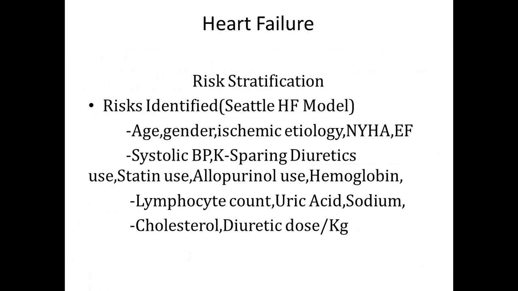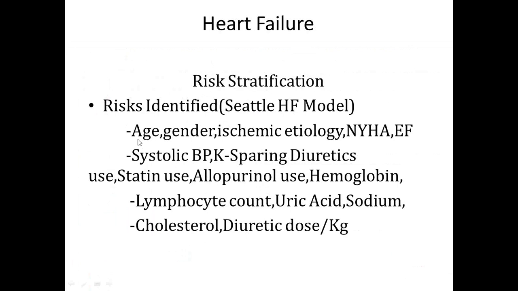The Seattle heart failure model is not something that you can do by yourself. It's a program that you put these risk factors in, and it spits out the 1 year mortality rate for the patient.